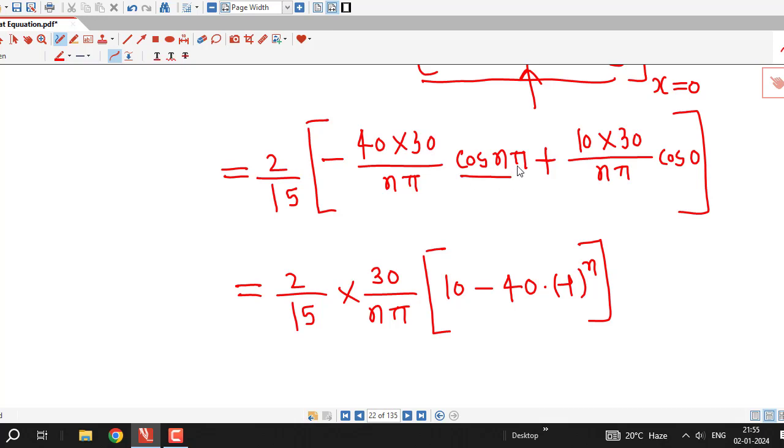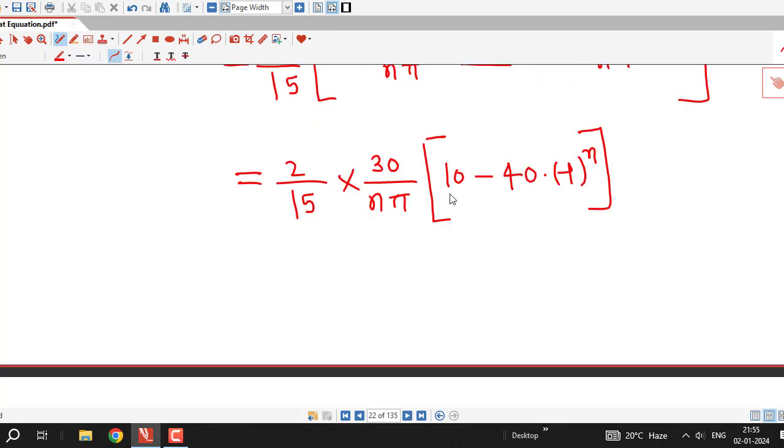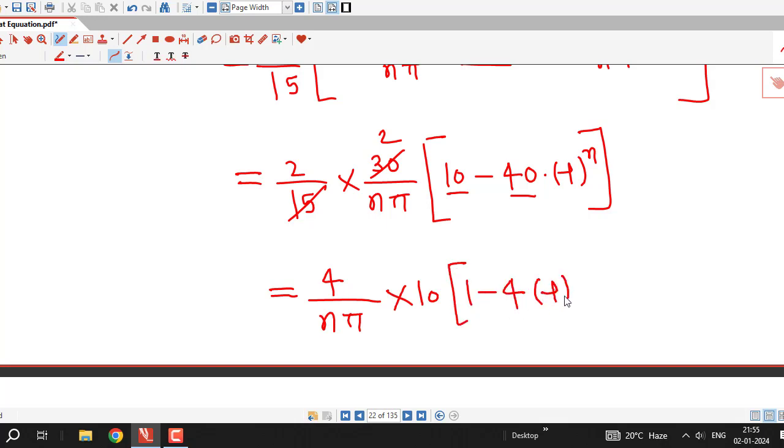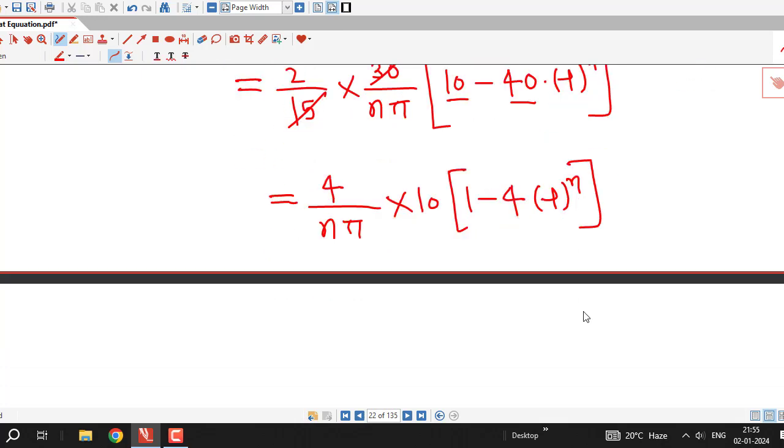Cos n pi is minus 1 to the power n. We can take this 10 also common, and here I cancel this 15. So I have 4 divided by n pi. Again I am taking 10 common, and here I have 1 minus 4 times minus 1 raised to n.